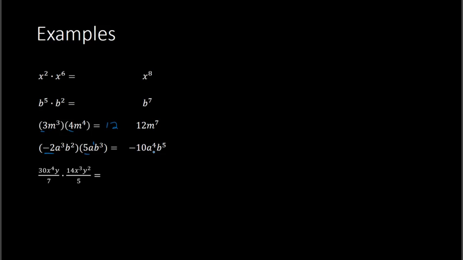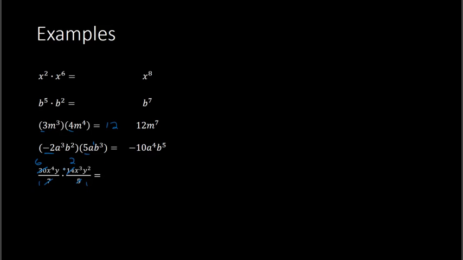Next we have an illustration with fractions. With fractions, remember anything on the top I can divide with anything on the bottom. So the 30 right here can divide with the 5 on the bottom. 30 divided by 5 is 6, or 6 over 1. And then 14 can divide with the 7. That gives me 2 over 1.